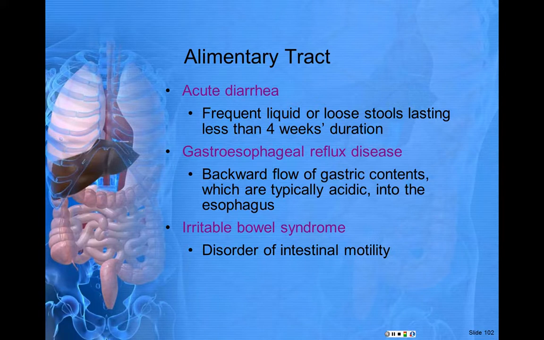The esophagus is not lined with the same kind of mucosa as the stomach, so it cannot withstand that acid, and that causes erosion and eating away at the esophagus. That's why chronic reflux disease needs to be evaluated with an upper GI or EGD, because you can get cancer of the esophagus from chronic gastroesophageal reflux disease.